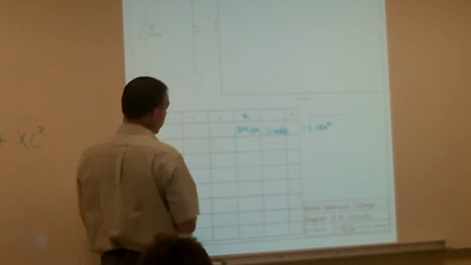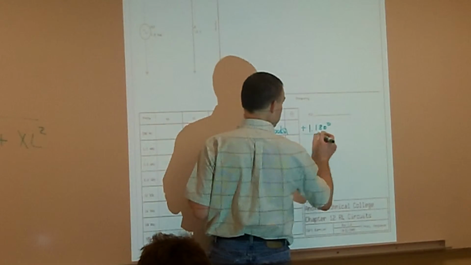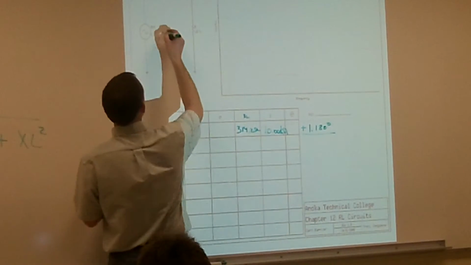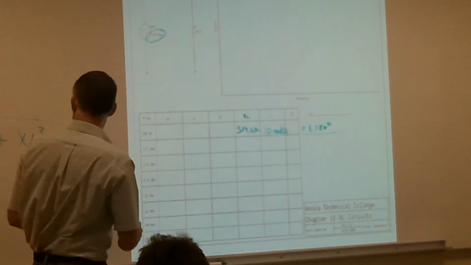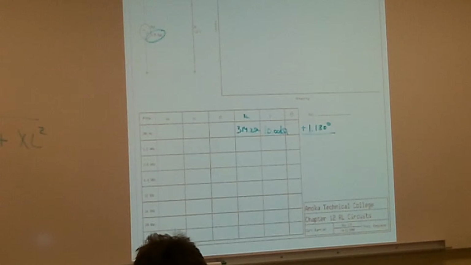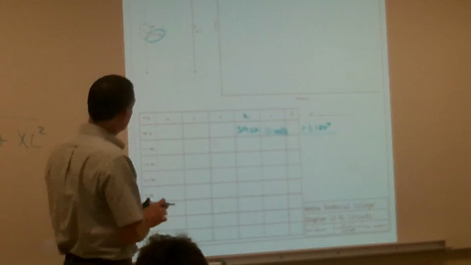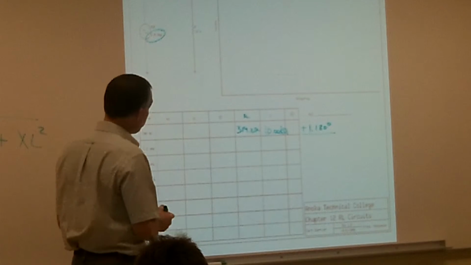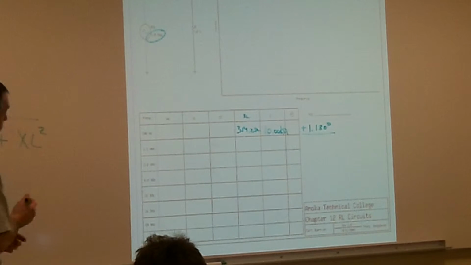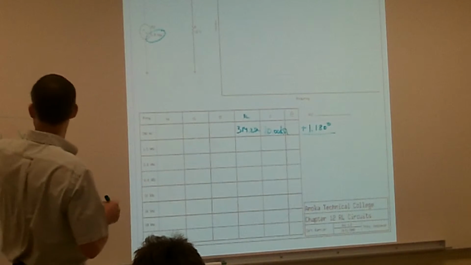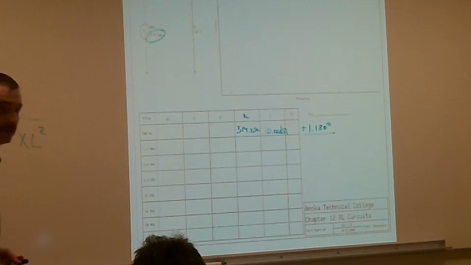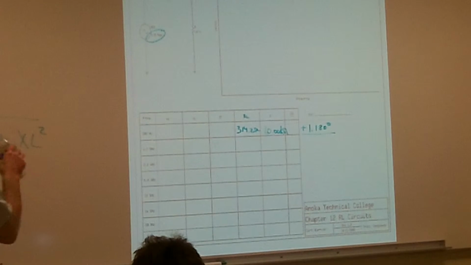Or, since I already have my angle and I know my voltage total, I can use my polar to rectangular function and get my voltage across VR and VL. So let's use our polar to rectangular function. Everyone remembers how to use their polar to rectangular functions?